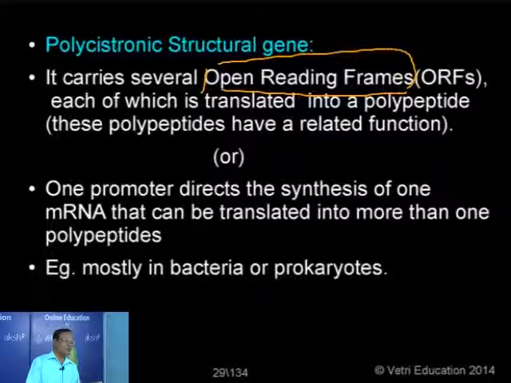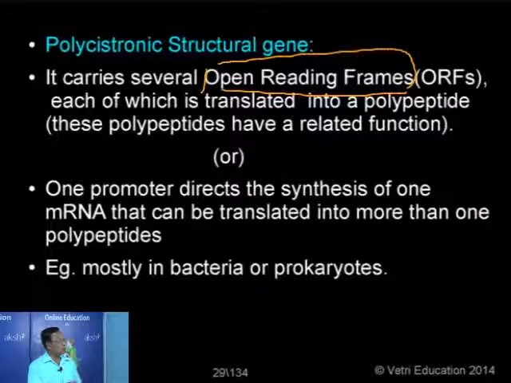So in other words, we have one promoter. There is no change with reference to the promoter, both in the case of monocistronic and polycistronic genes. One promoter directs synthesis of only one mRNA. That mRNA has information for the translation of more than one polypeptide.